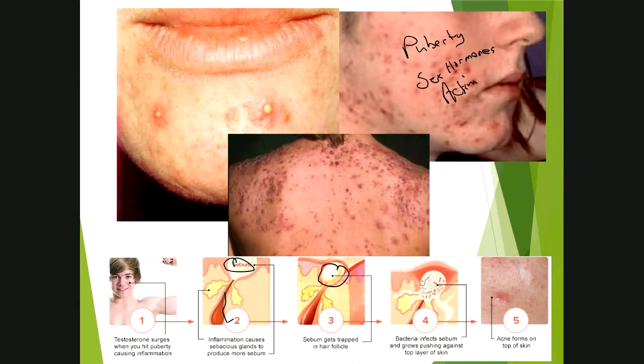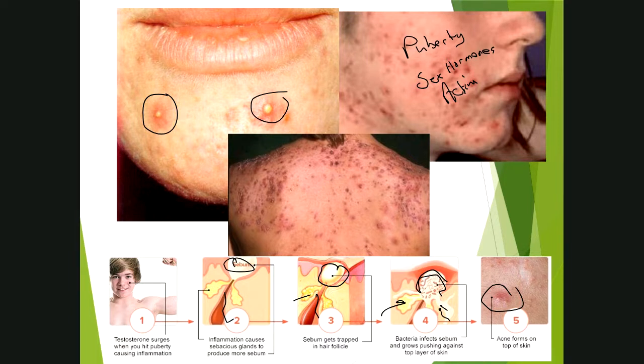When they get clogged up, pressure builds up and you start getting inflammation like crazy. And you get a pustule here. And so you get acne. So if you look at acne, that's what it is. It's a pustule full of this oil. It doesn't have anything to do with how clean you keep your face. It has to do with how active these are.